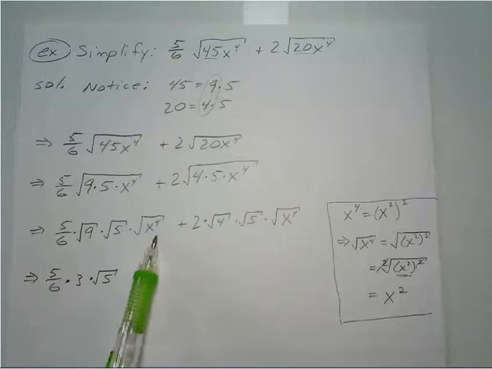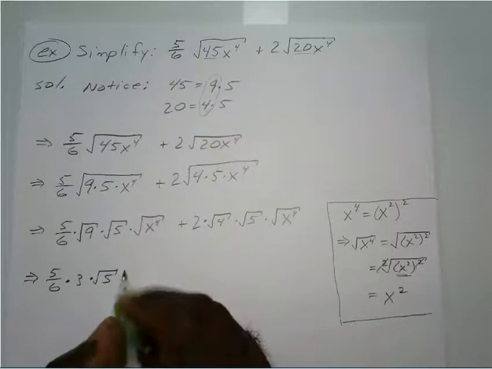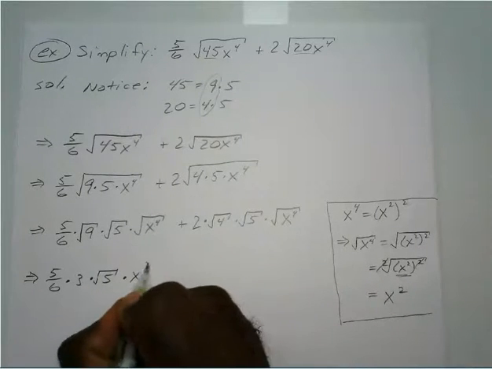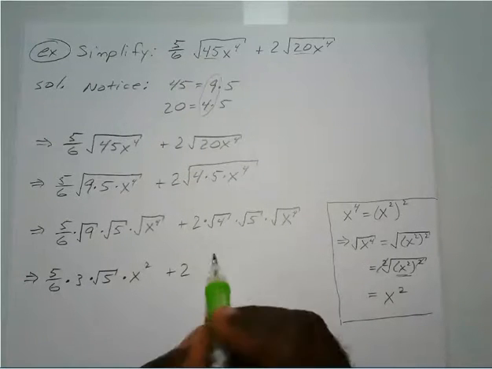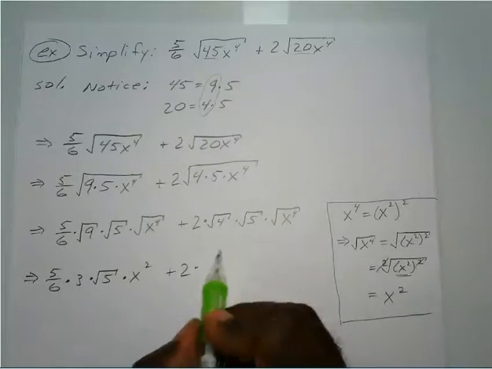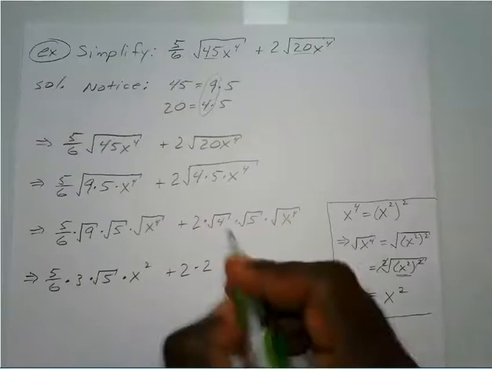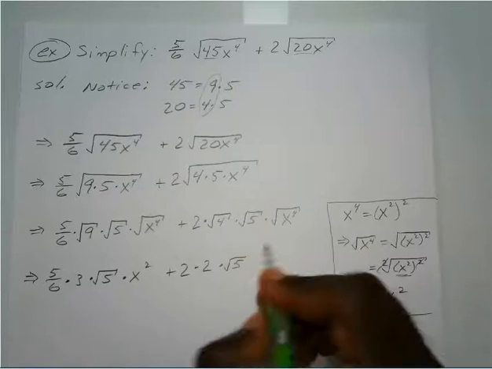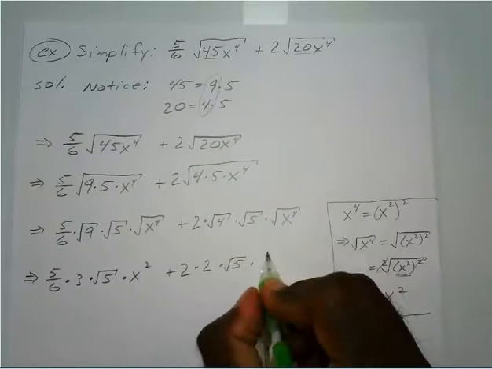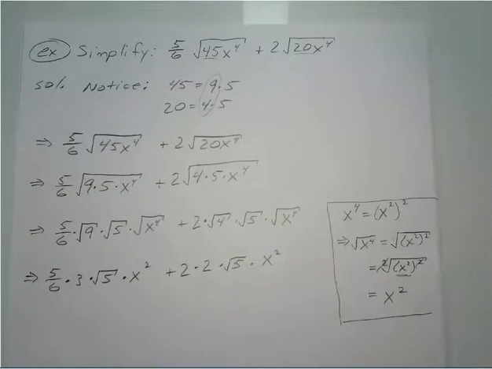Remember, the square root of x to the 4th is x squared. So that's times x squared plus 2 times square root of 4 is 2 times square root of 5, since it's not a perfect square, times square root of x to the 4th, which is x squared.